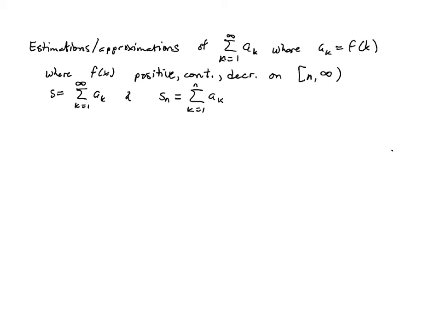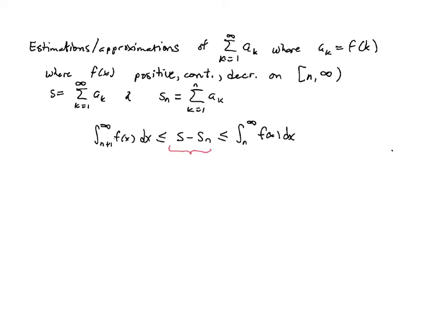Then the first fact we're going to have is that the difference between S and the nth partial sum is less than or equal to the integral from n to infinity of f of x dx, and it's greater than or equal to the integral from n plus 1 to infinity of f of x dx. And so what this tells us is how bad the error is.